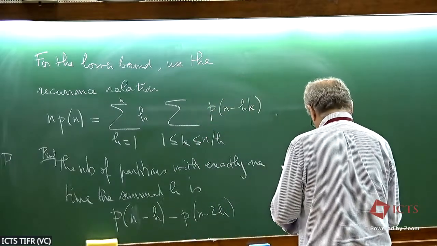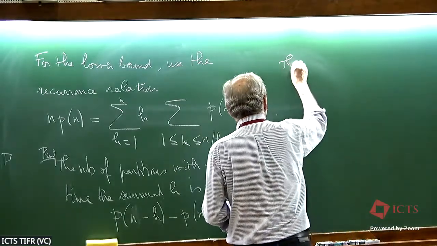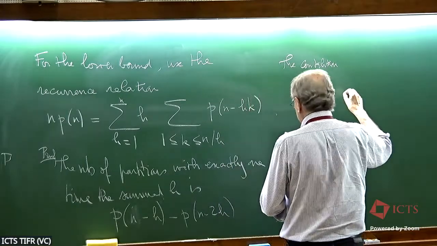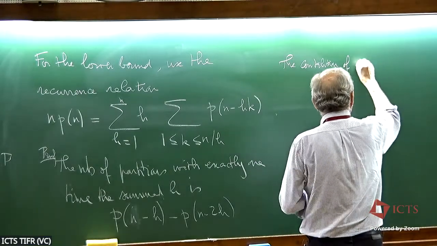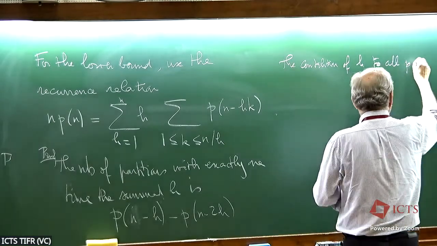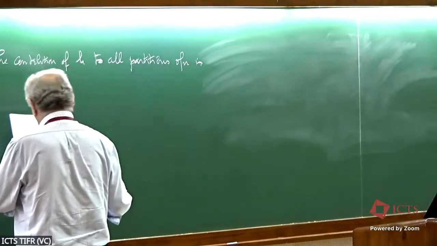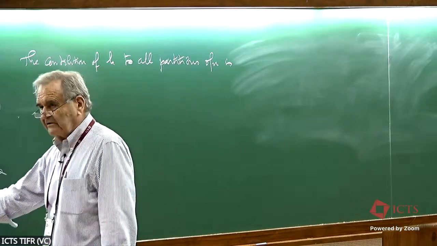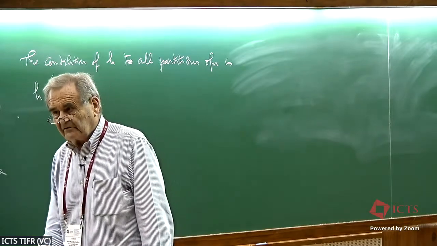Okay, fine. And the contribution of h, all partitions of n, is h times the contribution. This is the number of times, but I am counting the contribution of h. And so it is h times the number of times it occurs.